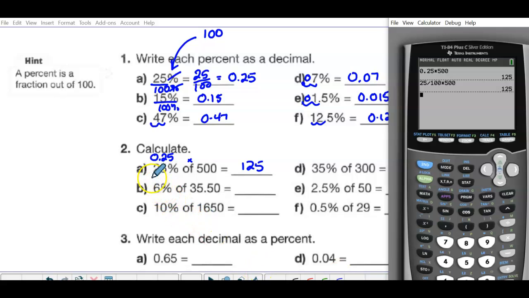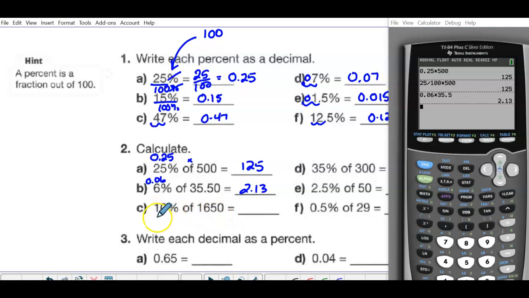Okay, 6% is 0.06. So I just find it faster to do that, 0.06. Of means multiply, 35.5. We don't need to show the last 0 in our calculator. And that's 2.13. Okay, 10%, that's really moving the decimal 1 to the left.